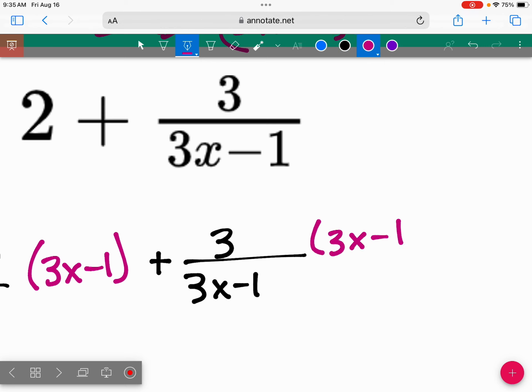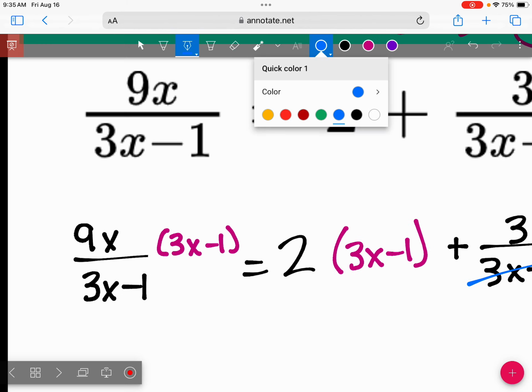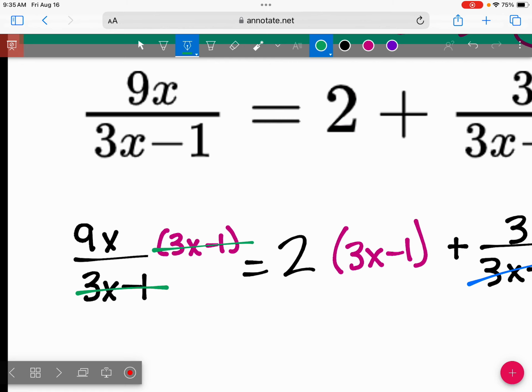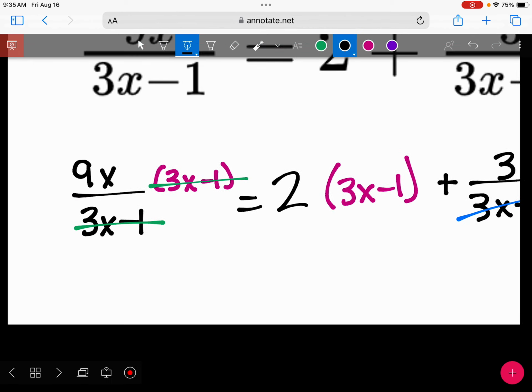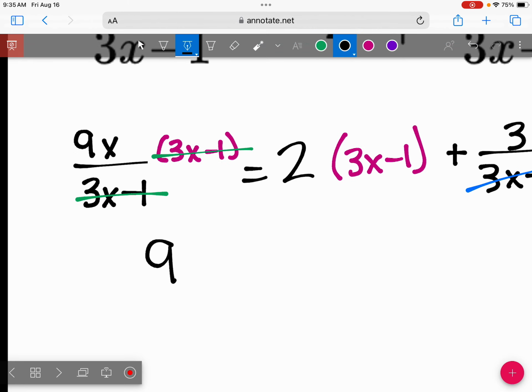And on our 2 fractions, our denominators are going to cancel out. This guy and that guy cancel, and this guy and that guy cancel. So our left-hand side is just going to be 9x.